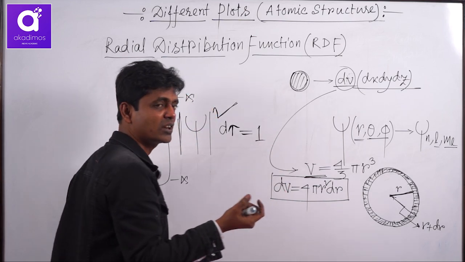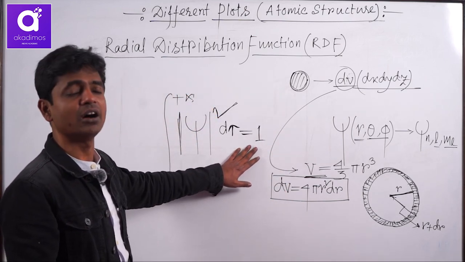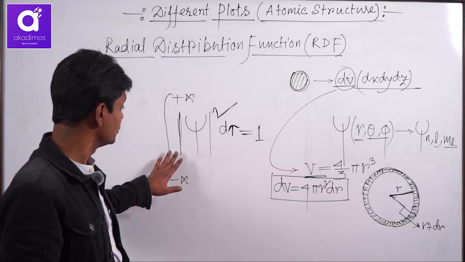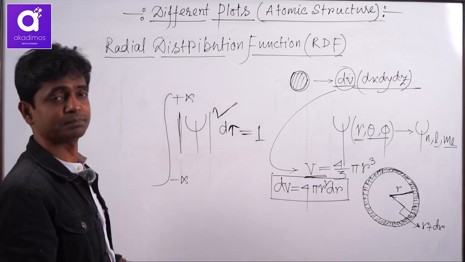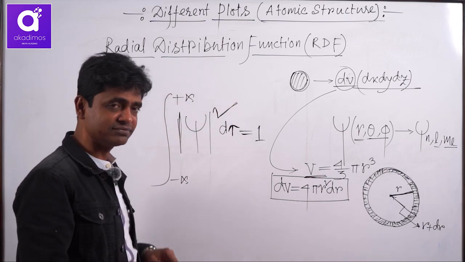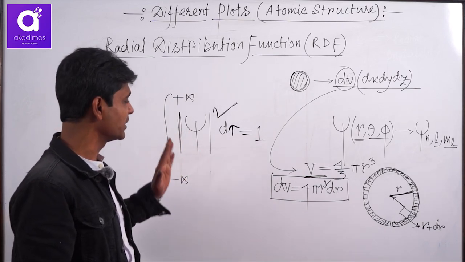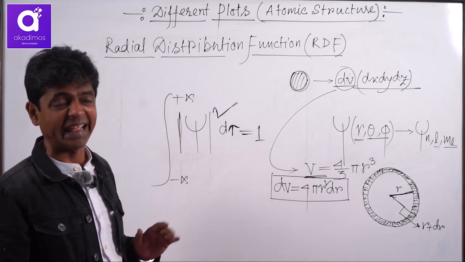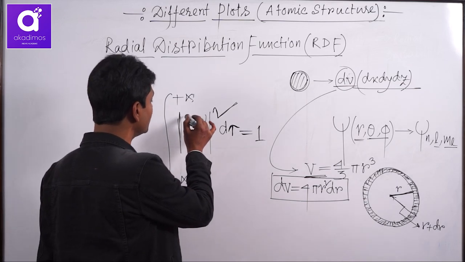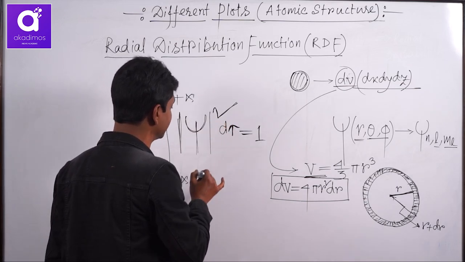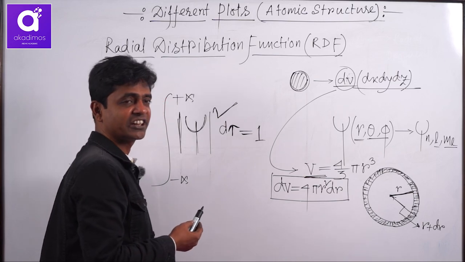The total electron is one fraction. It should come to 1. By using this concept, if a wave function is not normalized, you can normalize it by taking a normalization constant N and you will get the normalized wave function.